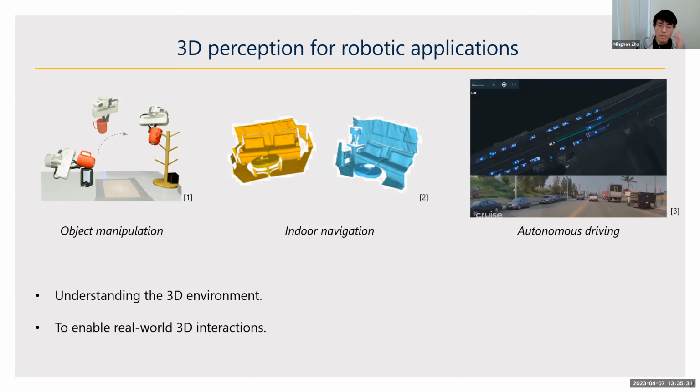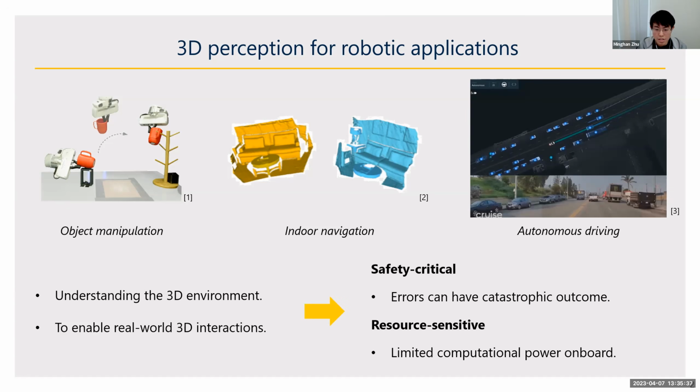Therefore, 3D perception for robotics applications has two very important characteristics. The first is that it is safety critical, because the robot is designed to interact with the real world. Therefore, errors in the perception can have catastrophic outcomes. On the other hand, the computational power of a robot on board is typically limited. Therefore, the perception algorithm is also resource sensitive.